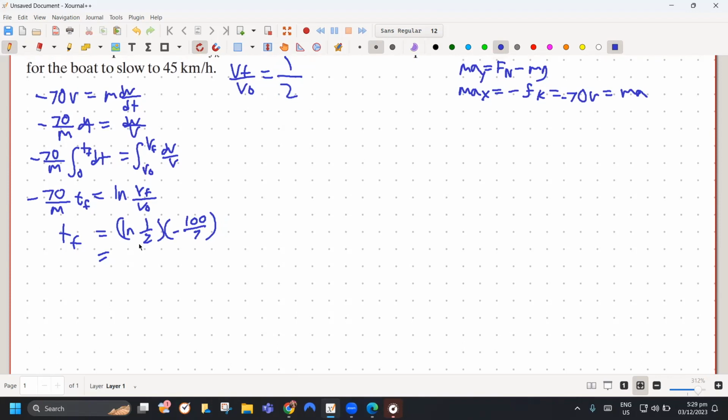Ilang seconds yan? Could be mga 10 seconds. So, 9 point, ayun, 9 point.